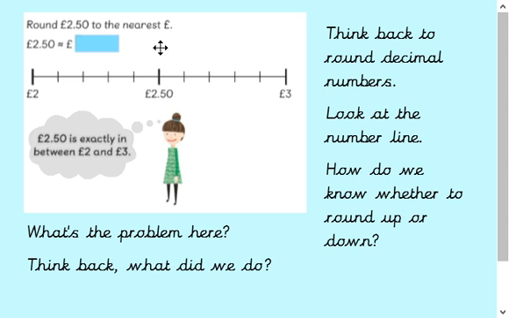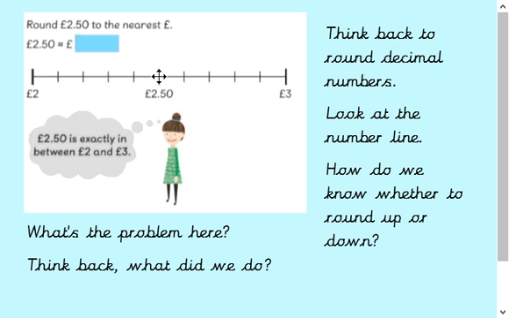Okay, in this case you can see that £2.50 is exactly halfway between £2 and £3. So the question is, what do we do? Can you remember what we did when we were rounding decimal numbers last week?